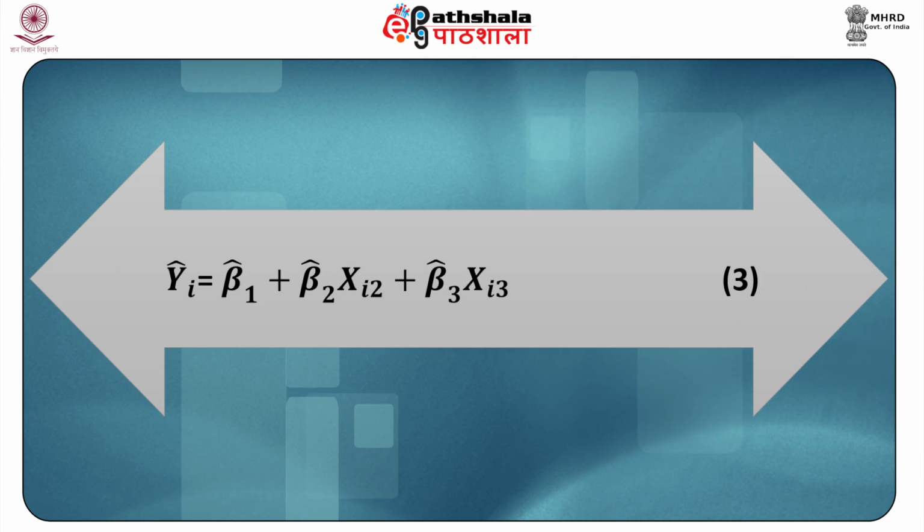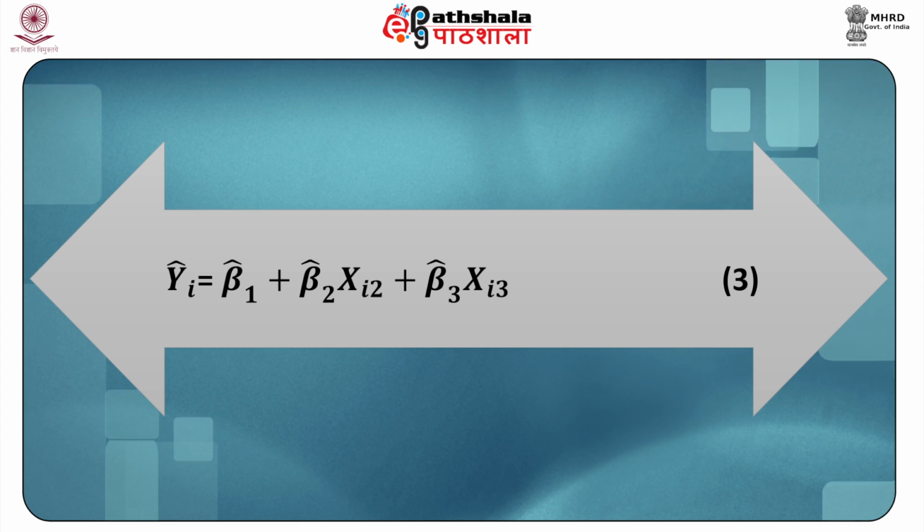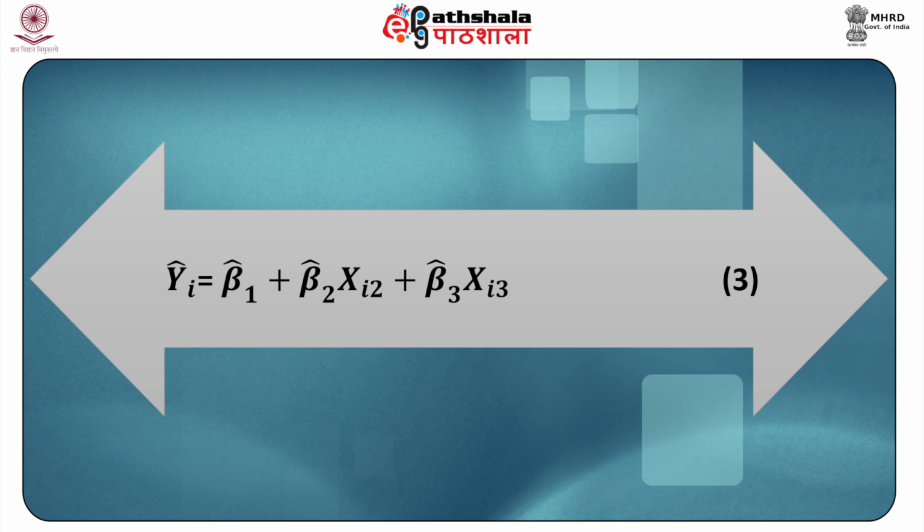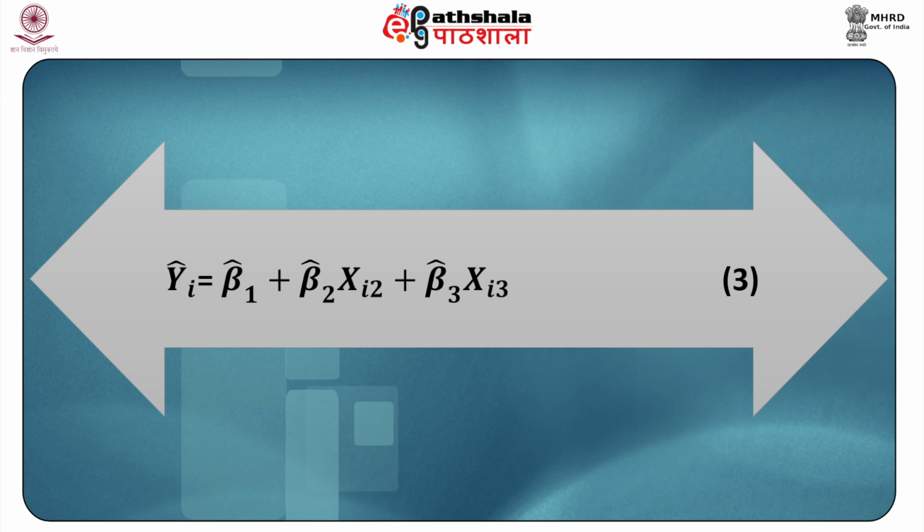The estimated model is denoted as yi hat is equal to beta 1 hat plus beta 2 hat xi2 plus beta 3 hat xi3. This can be written as our third equation. As in simple regression model, the next step is to find the best linear estimators. Clearly, there are three unknown parameters, beta 1, beta 2 and beta 3.